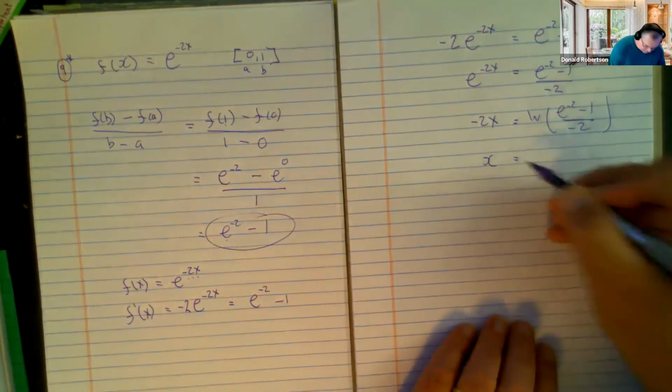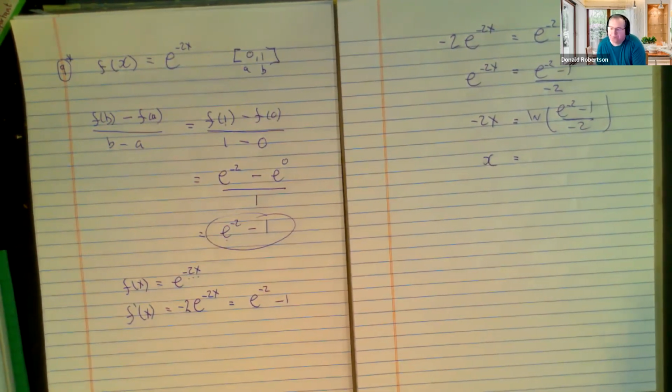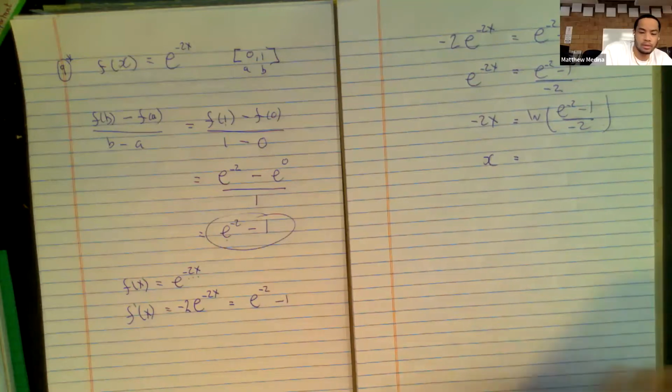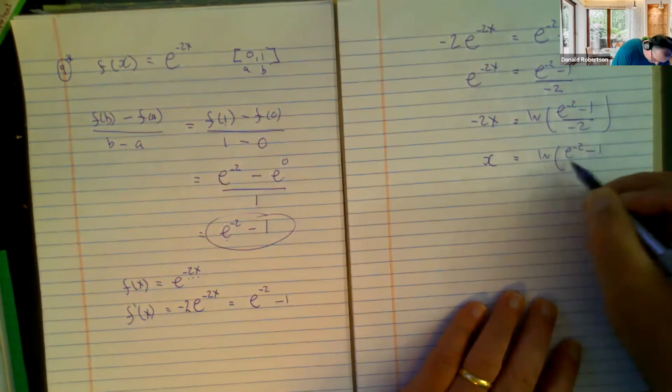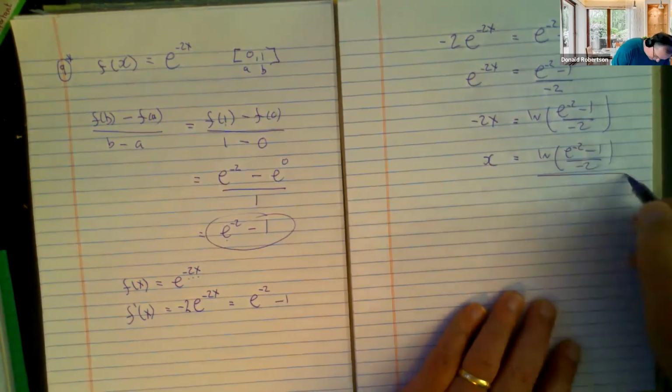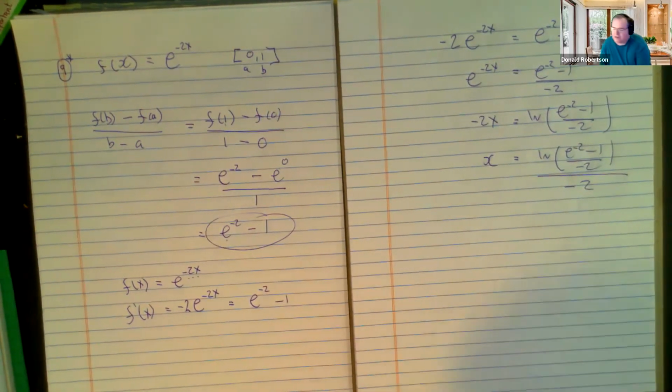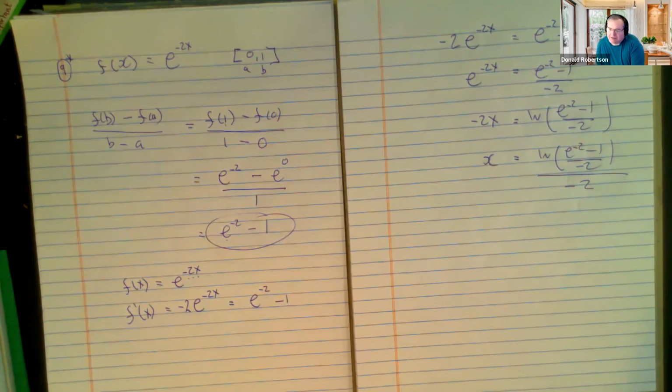What will x be? What would I do to both sides to get x? Divide by -2. Right. Would you agree that that is not even vaguely elegant? Would you agree that's just one ugly mess? But isn't it also the exact value, which is what we're after?